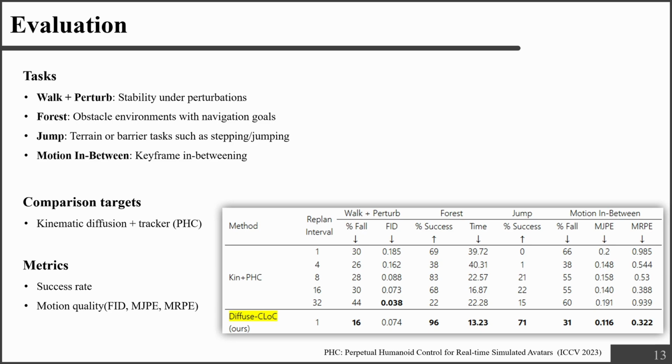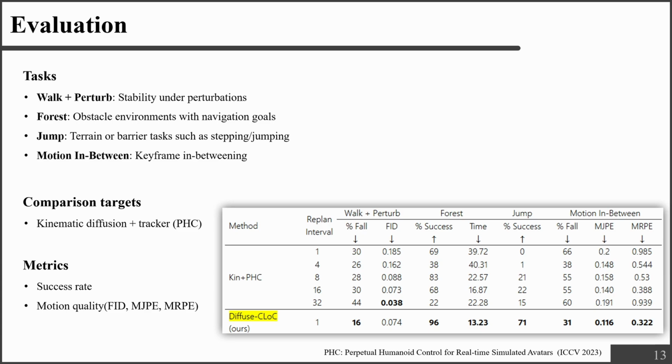Controllability is measured by task success: reaching targets, avoiding obstacles, respecting keyframes, and meeting timing constraints. The comparisons typically include kinematic diffusion plus tracking controllers, because that is the common baseline structure for combining diffusion planning with physics execution.